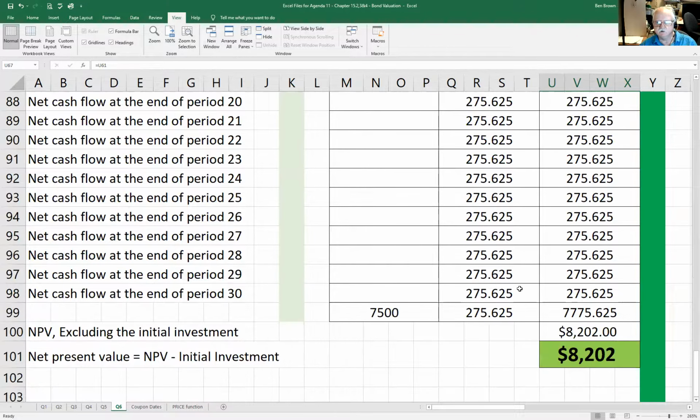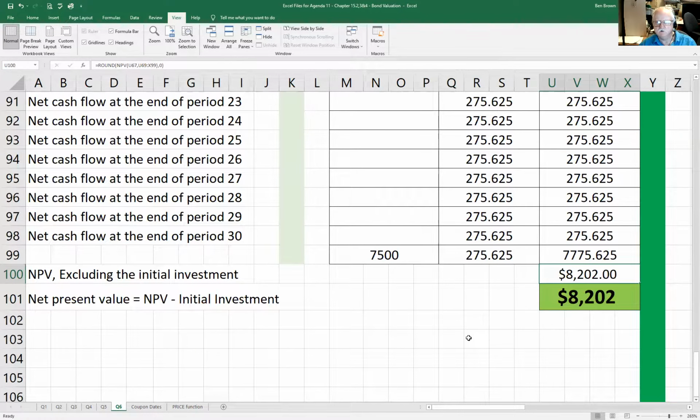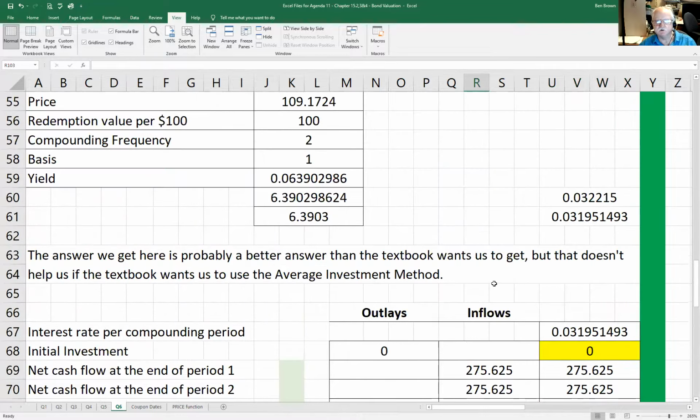And then down here, we have a function called net present value, NPV. So we can calculate the net present value, and we can see how this whole thing works. But you don't have to worry about all this nonsense on Excel.